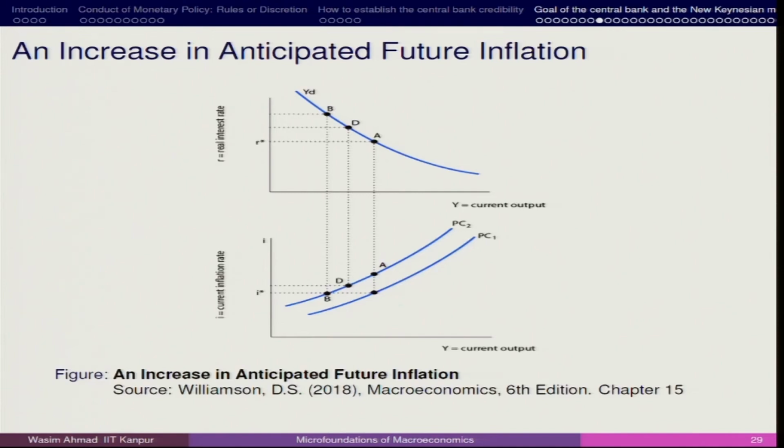We have already looked at demand side and supply side shocks: on the demand side it is very difficult for the central bank to create a credible scenario, otherwise the economy will permanently move from a short run to a long run imbalance. That is what we are trying to understand here as well.